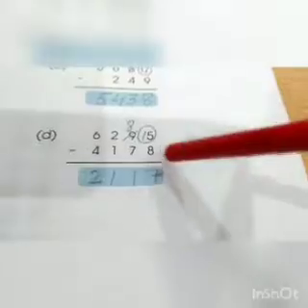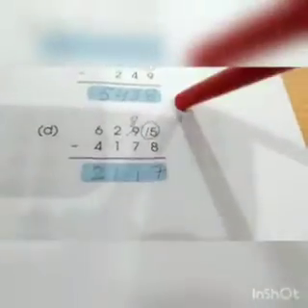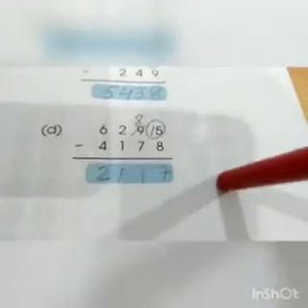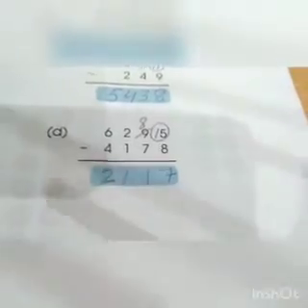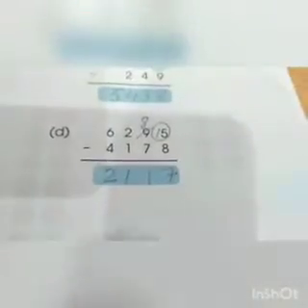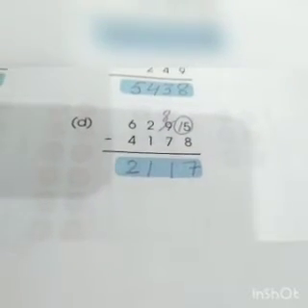Give me one of your 10s so I can be 15. 15 minus 8 is equal to 7. 8 minus 7 is equal to 1. 2 minus 1 is equal to 1. 6 minus 4 is equal to 2. The answer is 2117.